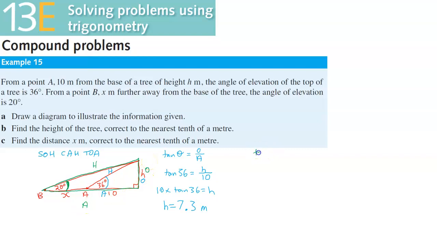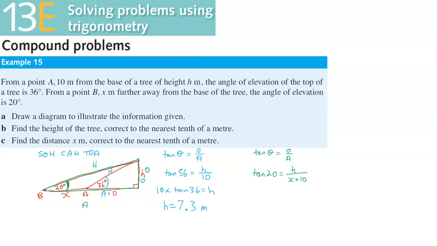So as before, I write tan theta equals O over A. Now I substitute in the things I know. So my opposite is h. My A is x plus 10. Now I know h. I'm not writing 7.3 because I don't want to type 7.3 into my calculator.